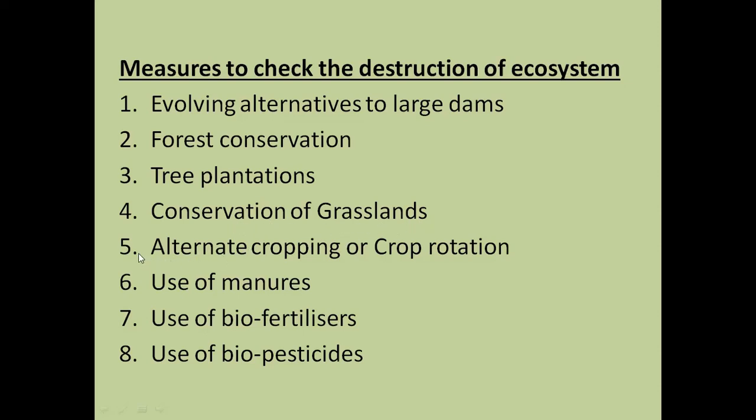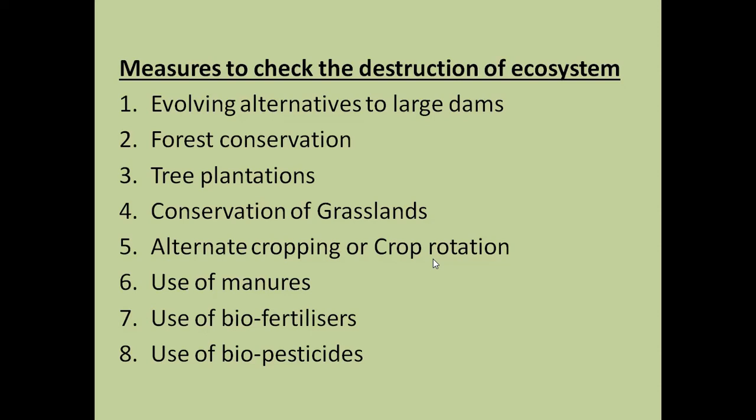And point number five, we all know this, crop rotation. So alternative cropping or crop rotation means to plant the crops in an alternative manner. For example, if you plant rice, then after that you must plant pulses, or wheat, or cotton, or bajra, jowar or jute, etc. So you must not always plant the same type of crop in your particular land.